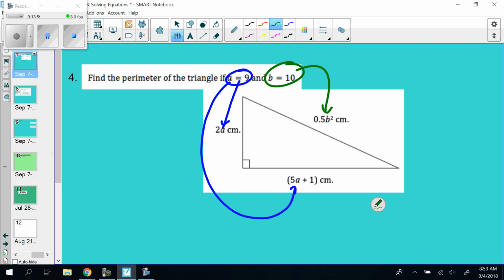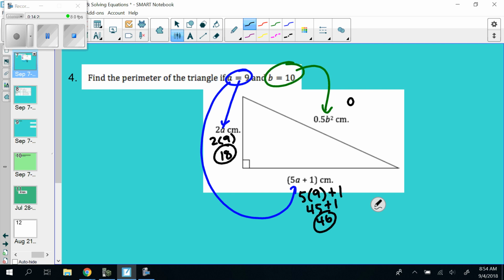Let's figure out what all these sides are equal to. So for putting this in here, we get 2 times 9, which is going to end up being 18 for that side. Here we get 5 times 9 plus 1. So we know that's 45 plus 1, or 46 for that side.